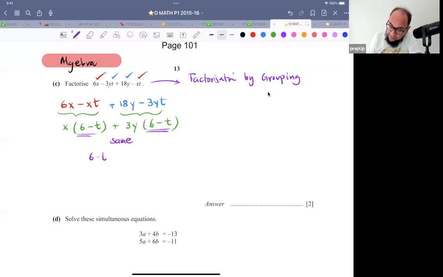So now take 6 minus t common out and we are left with x plus 3y. It's just factorize, it's not an equation. Do not put any equal signs, do not find the values because you cannot, because that's not the question. What the question is, it's just about factorization, 6 minus t, x plus 3y. And that is the answer.